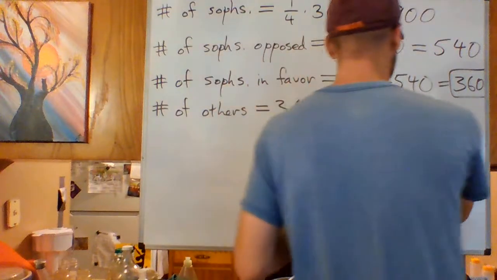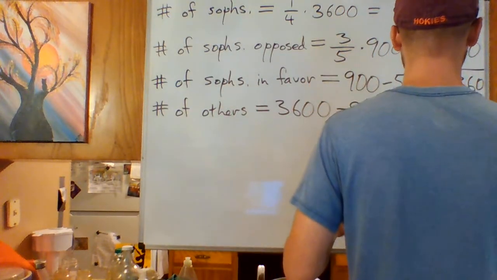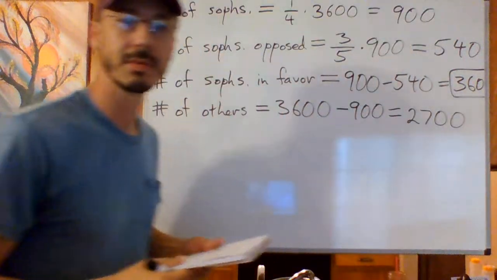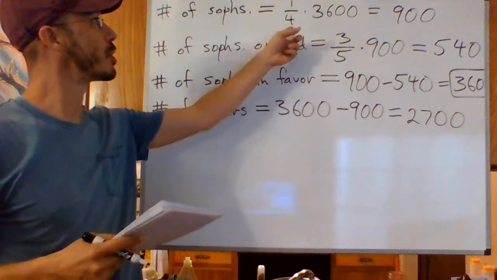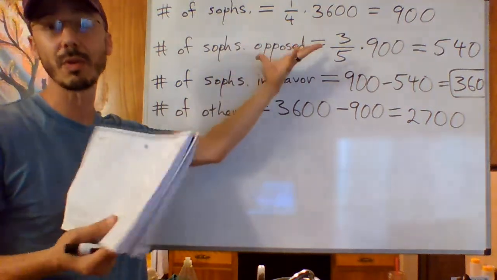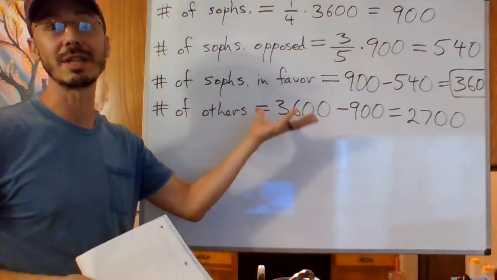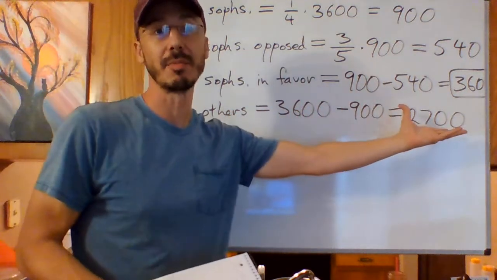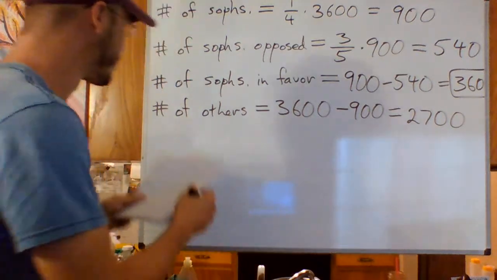And that's 2,700 students, 2,700 students. There's another way that you can find this. The 1/4 of them are sophomores. That means 3/4 of them are not sophomores. You can do 3,600 times 3/4. Same thing. You get the same thing if you subtract the sophomores from the total number.